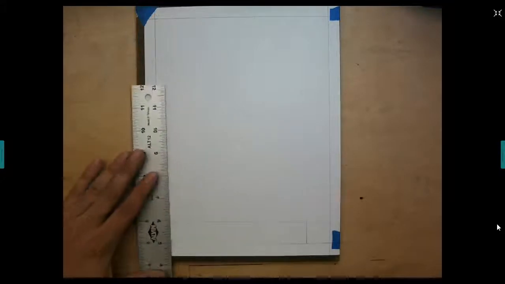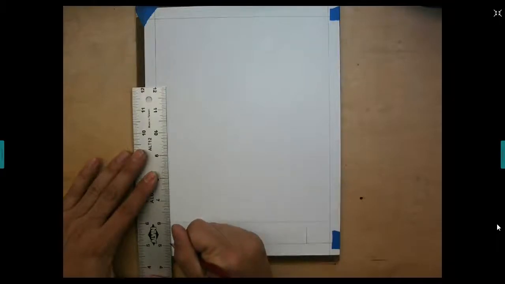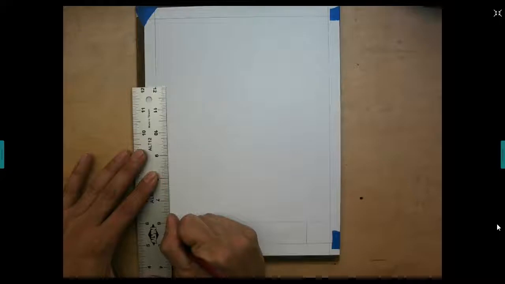Okay. The next line we're going to draw is going to be another line going left to right, horizontal, and I need it to be a 1/4 inch away. So I'm going to line this up here. 1, 2, 3, 4, 4/16, 1/4.